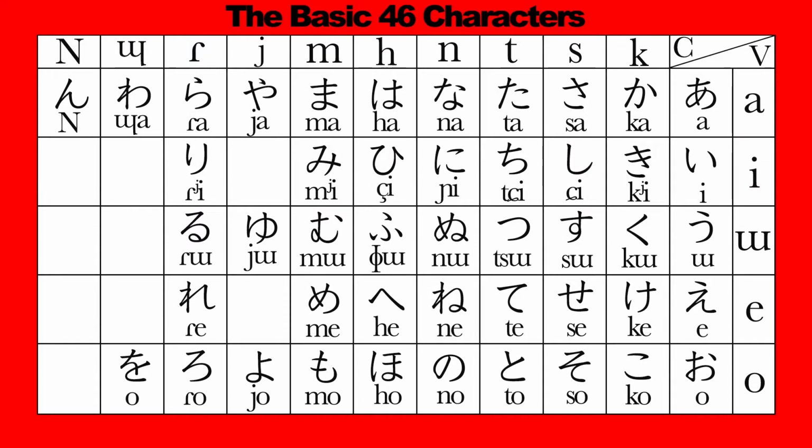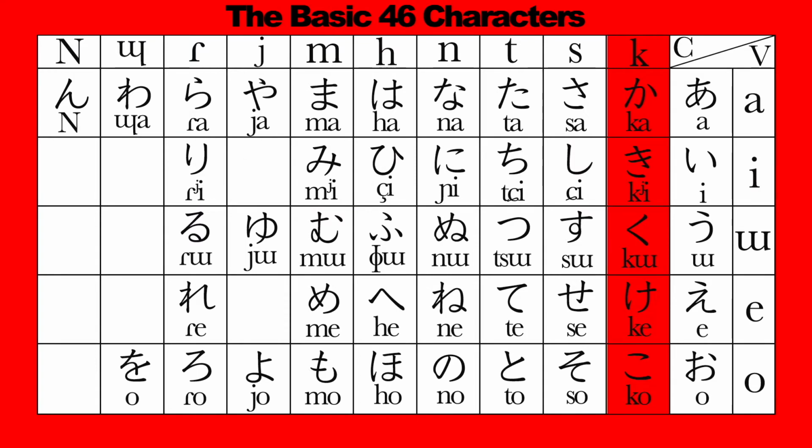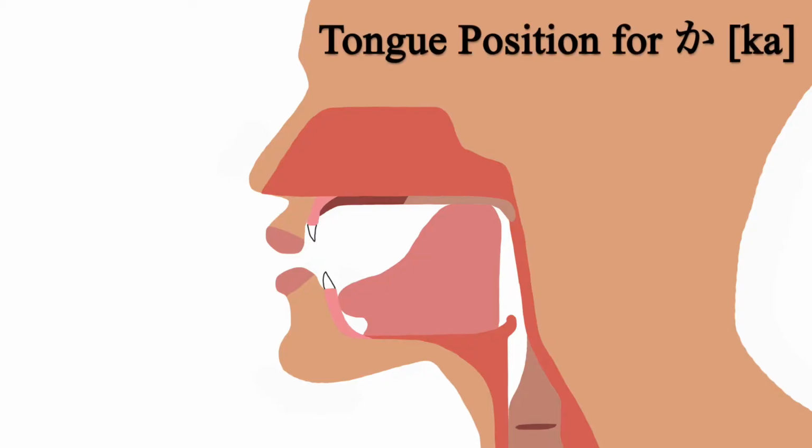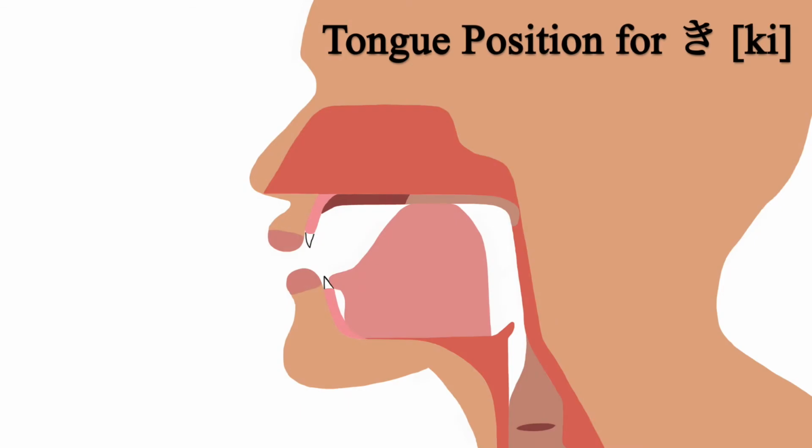For example, in this column, the K consonant for ka, ku, ke, ko are pronounced the same, but since ki is followed by the I vowel, the tongue position for ki changes. You move your tongue a little forward for ki.